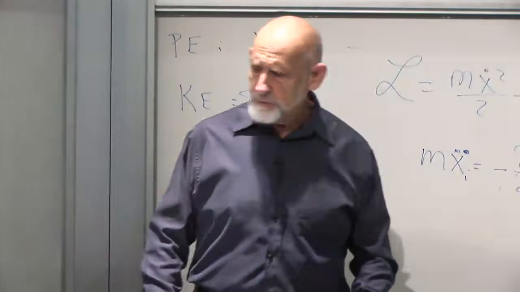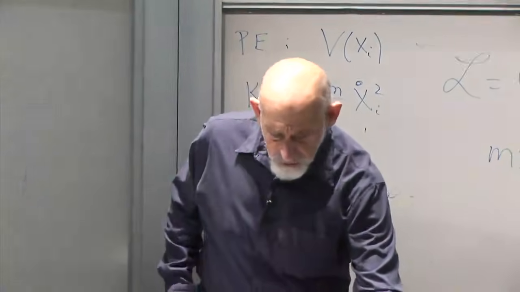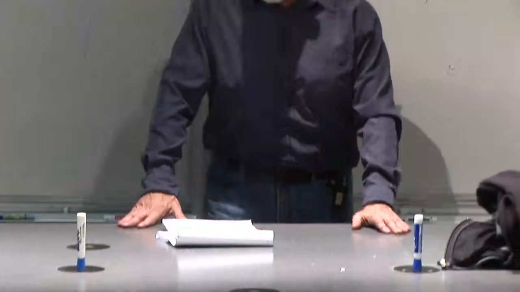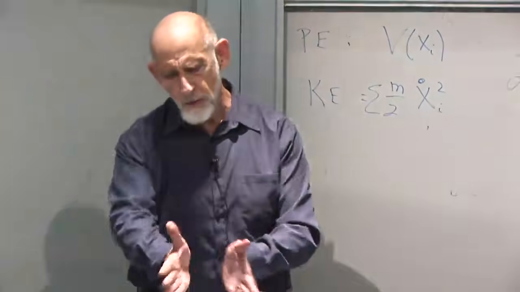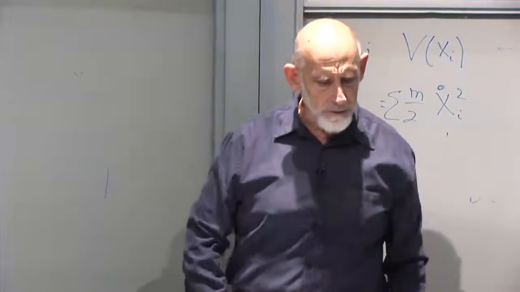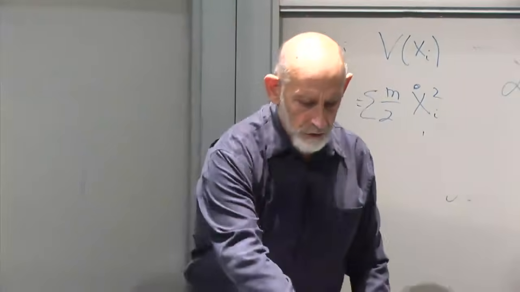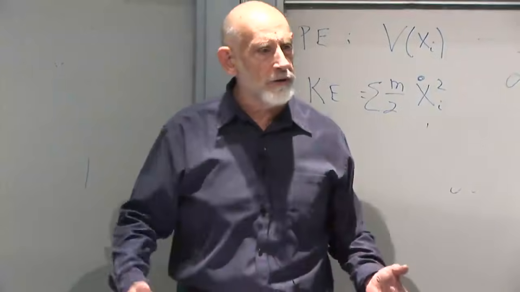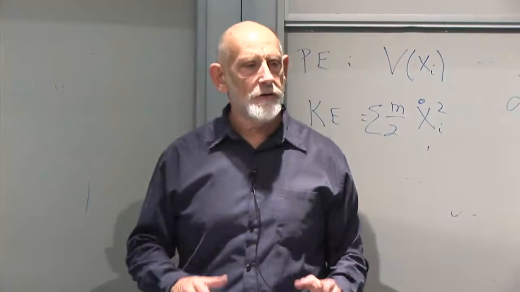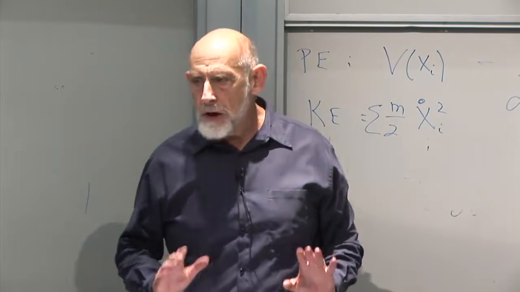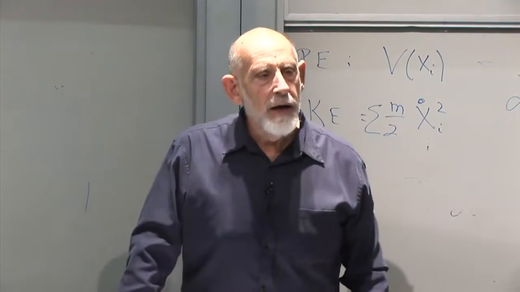If I tell you that the shortest distance between here and here is a straight line, that doesn't depend on what coordinates I use on the table here. I could use Cartesian coordinates, I could use polar coordinates, I could use curvilinear coordinates of all kinds. The physical fact that it's a straight line is independent of the coordinates.